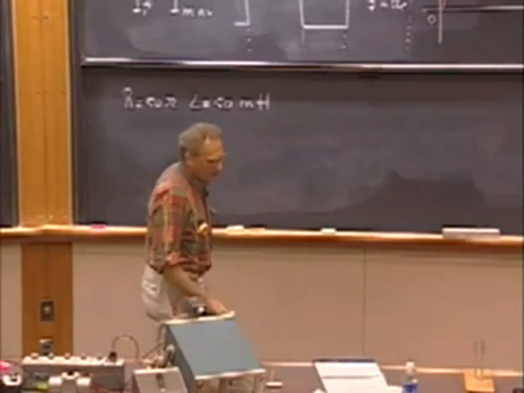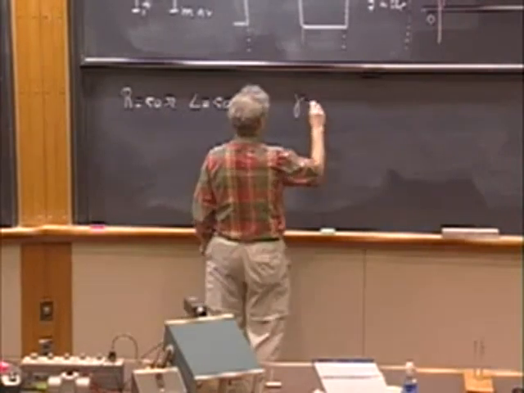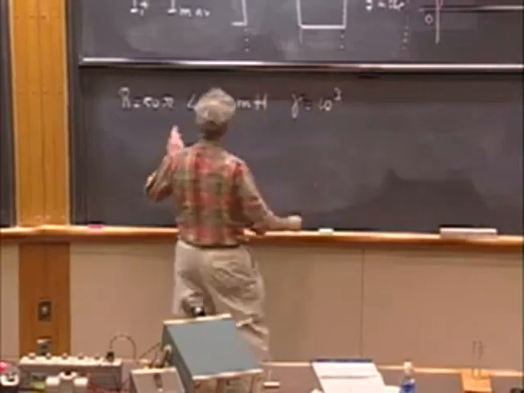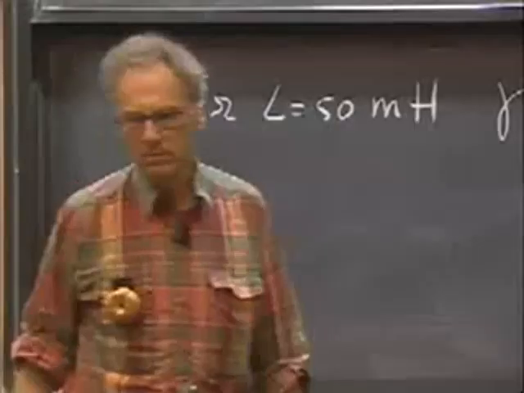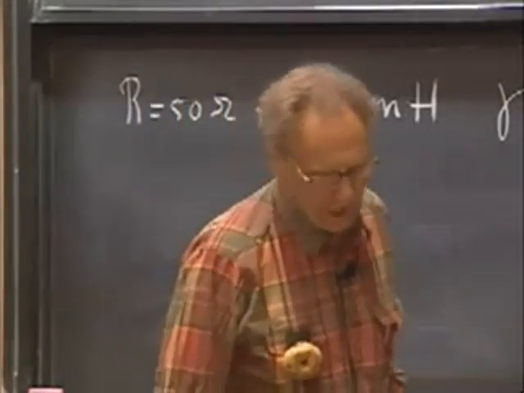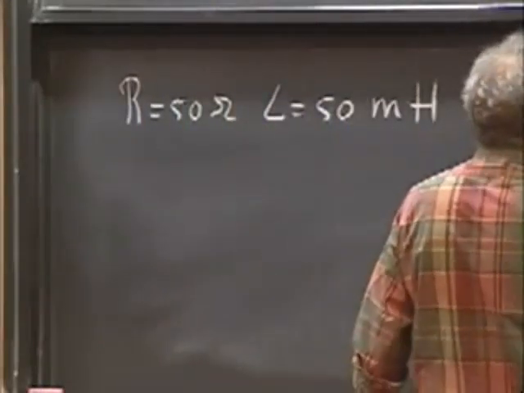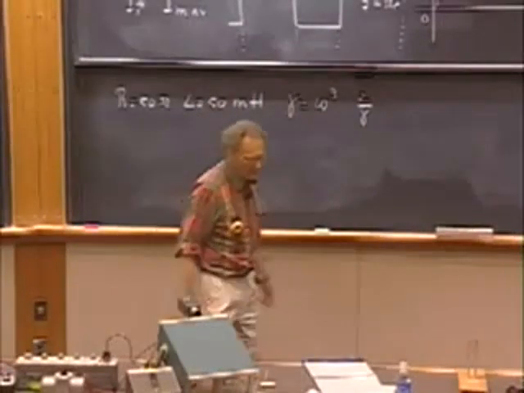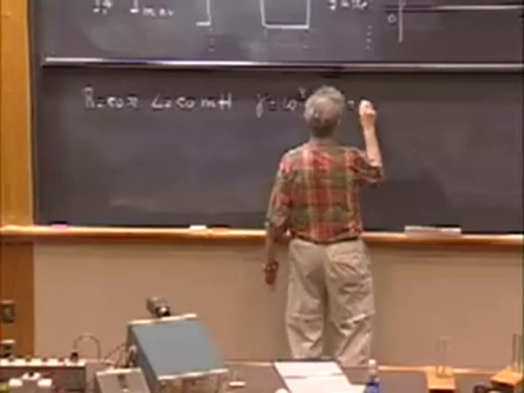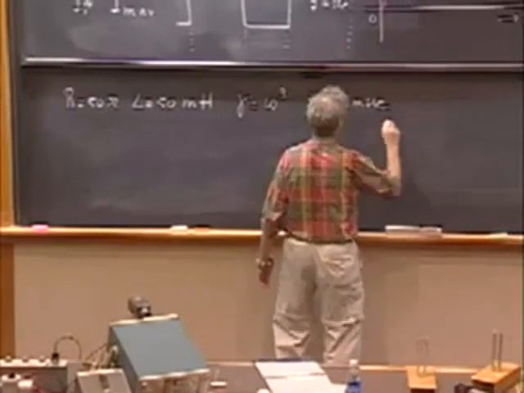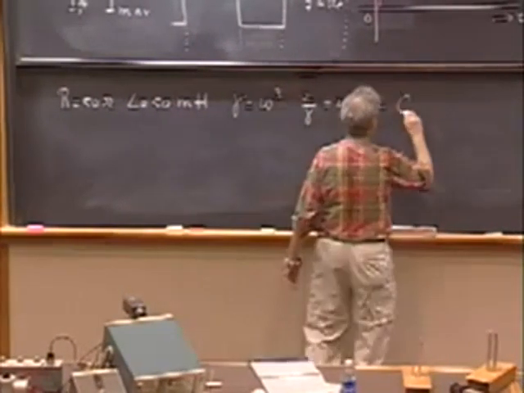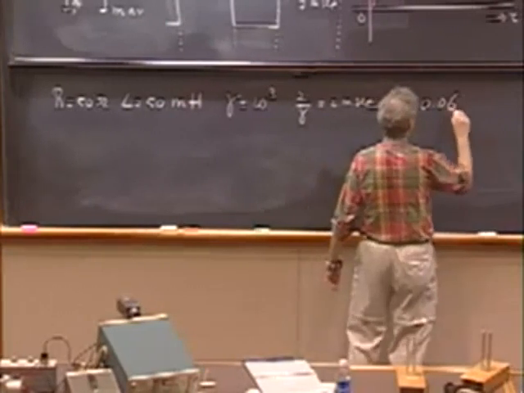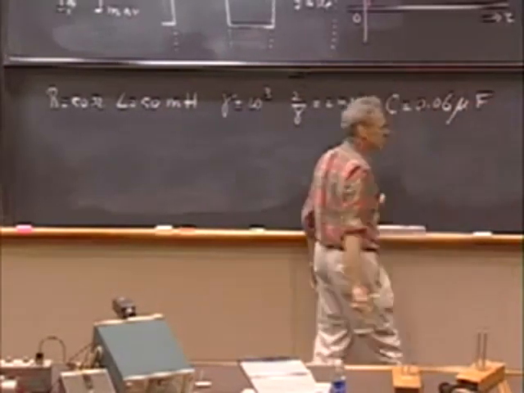So that tells me that gamma, which is R over L, is 1,000. That tells me that 2 divided by gamma, which is the 1 over e decay time, is then 2 milliseconds. C is going to be 0.06 microfarads.